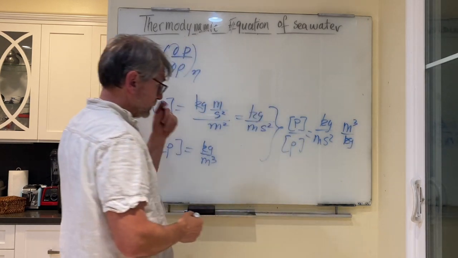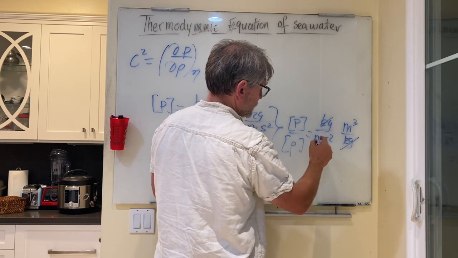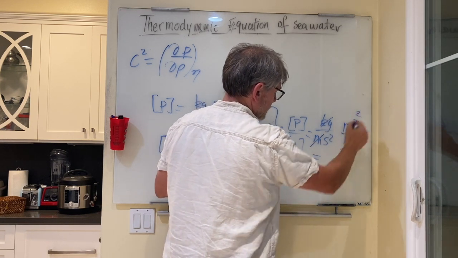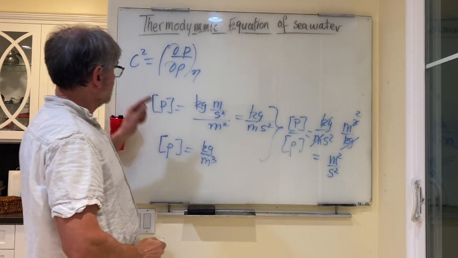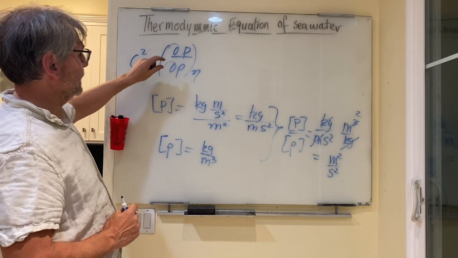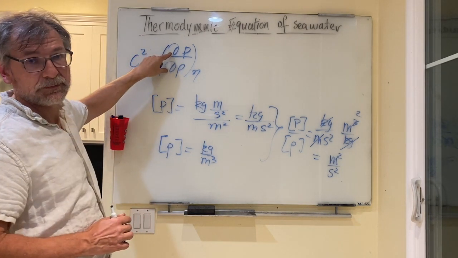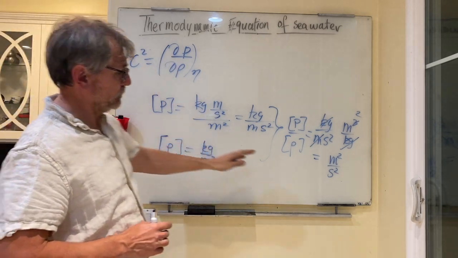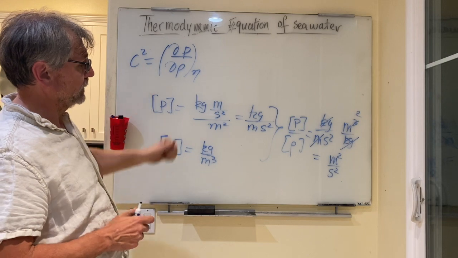Once I take the reciprocal, the kilograms go away, and this meter goes away, and I'm left with meters squared per second squared. And sure enough, that's a speed squared. So it doesn't prove that this is the right expression for the speed of sound in seawater, but at least it's plausible because it has the correct units of being the speed of sound squared.